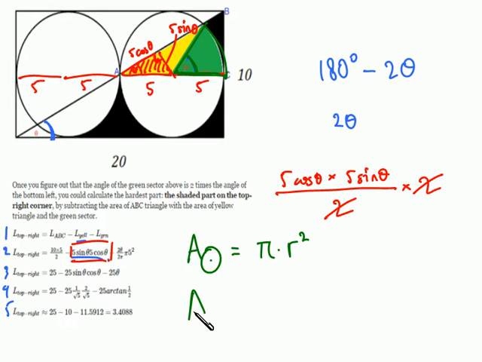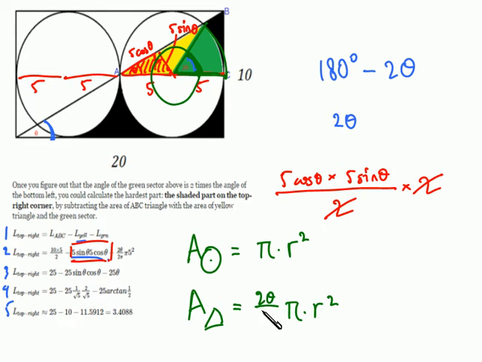So the area of that part is the area of the full circle times the angle of this, 2 times theta, divided by the angle of a full circle.